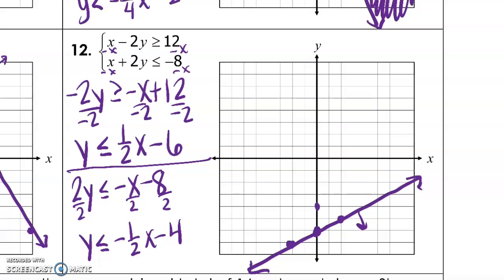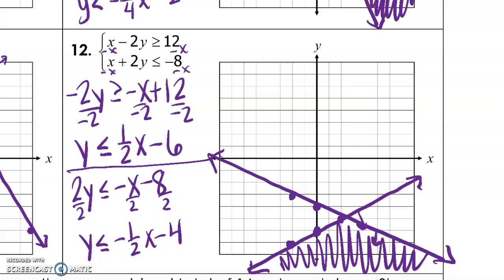So down 4, and then down 1, right 2, up 1, left 2. That one will be solid. And less than means down below. So we're below that line and there. So the very bottom section is what we would shade.